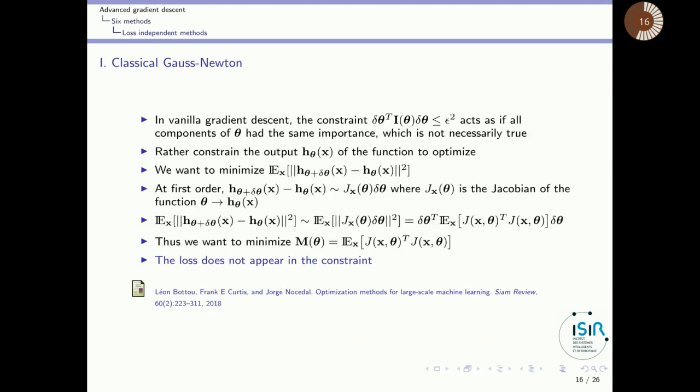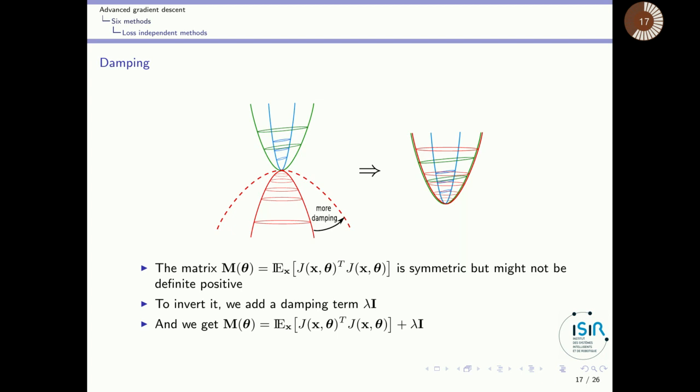By the way, sorry, when I am trying to minimize this, I want this particular matrix to be SPD, but it's not always the case. This matrix is symmetric, you can see it from its shape, but it might not be positive definite. You might have some dimensions where it's positive and some dimensions where it's negative.